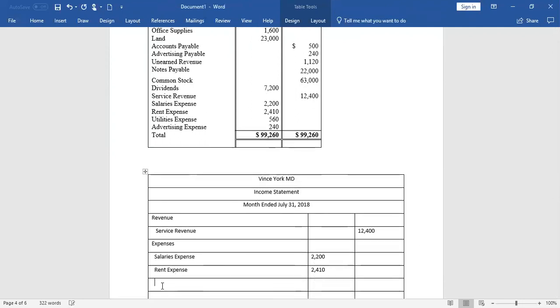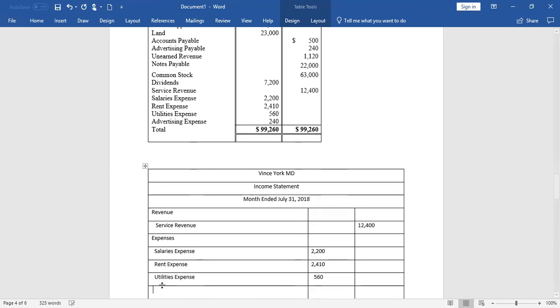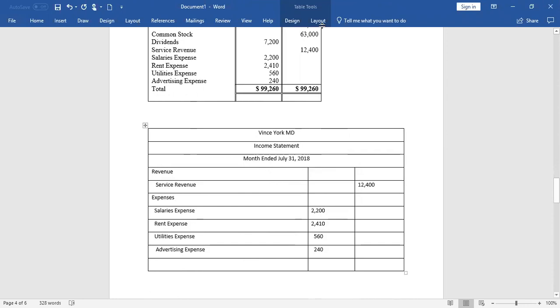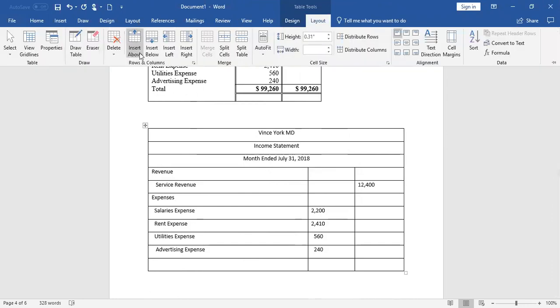Then we have utilities expense, $560. And then our final expense, advertising expense. I keep doing that same error when I do expense. $240. Okay, so I've now gathered all of the revenue and expense information from, oops, I'm gonna need one more thing here.